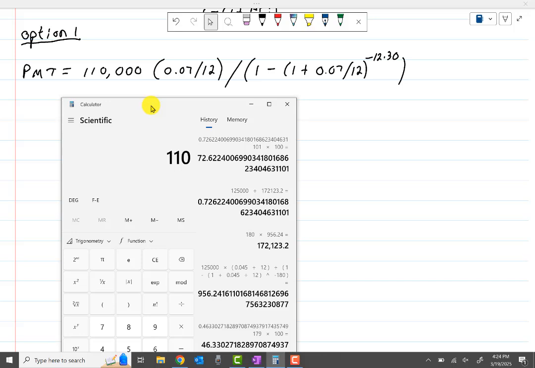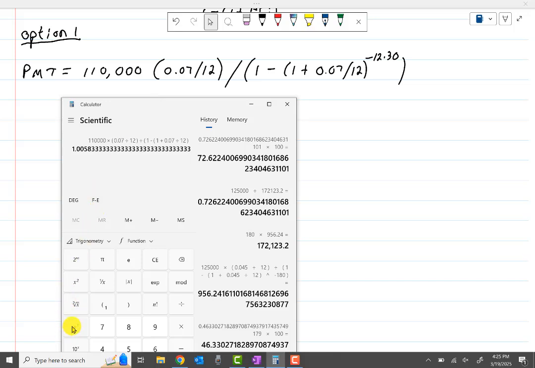We have 110,000, start a parenthesis, 0.07 divided by 12, finish that parenthesis and do a division, start a new parenthesis, 1 minus, start another new parenthesis, 1 plus 0.07 divided by 12, finish that parenthesis.